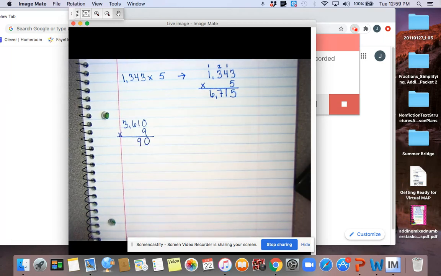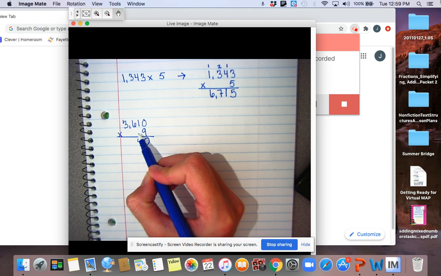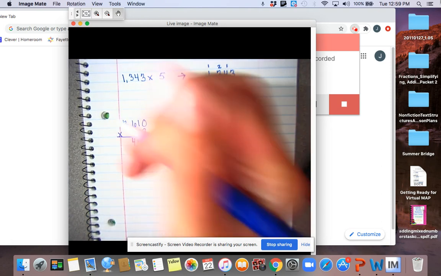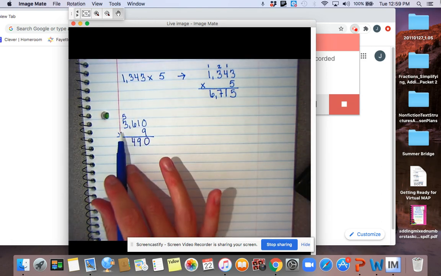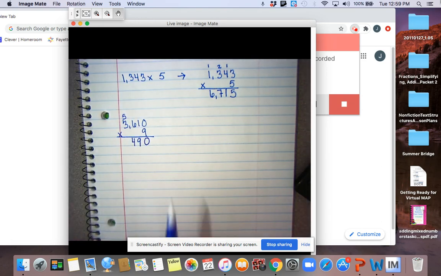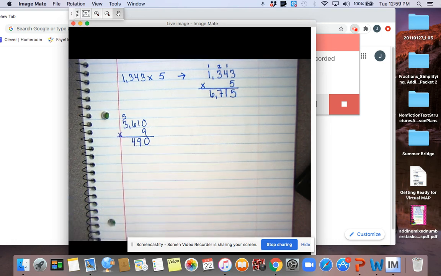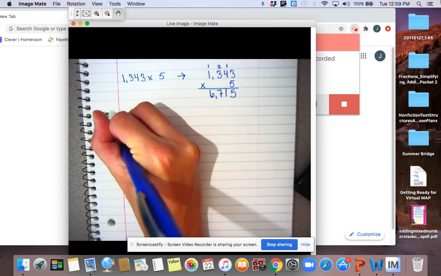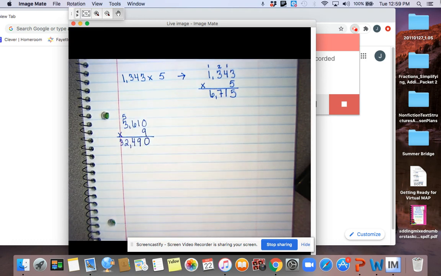Again, I don't have to carry anything. 9 times 6 is 54. I'm going to put down my 4 and carry my 5. 9 times 3 is 27 plus 5 is 32. And I cannot forget my comma.